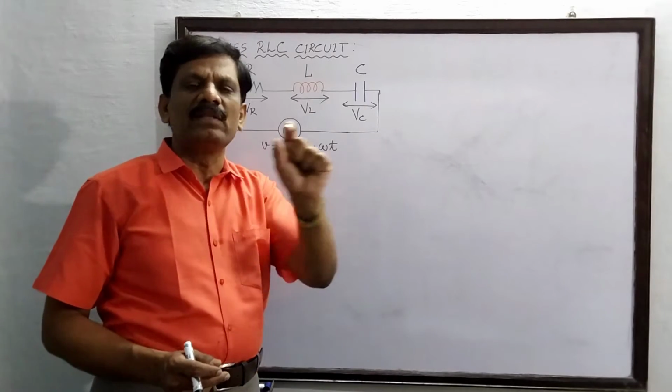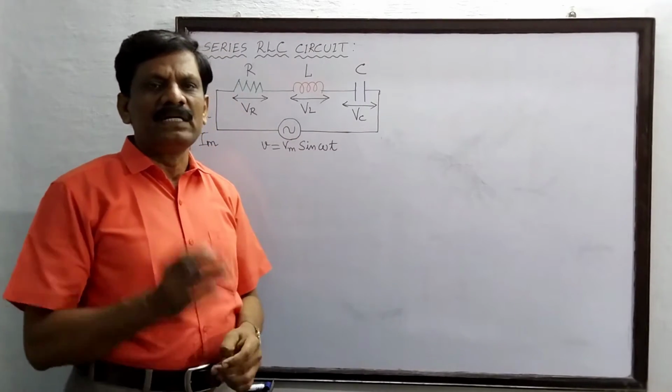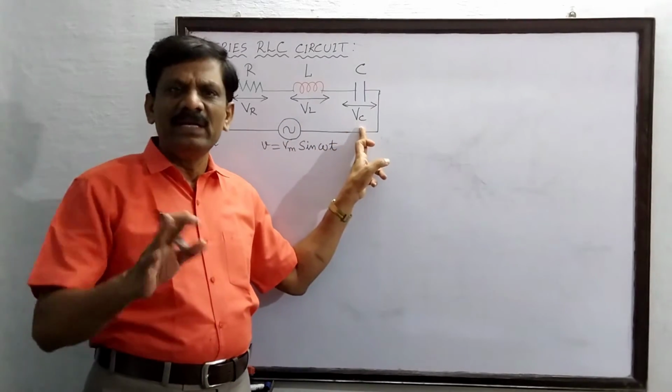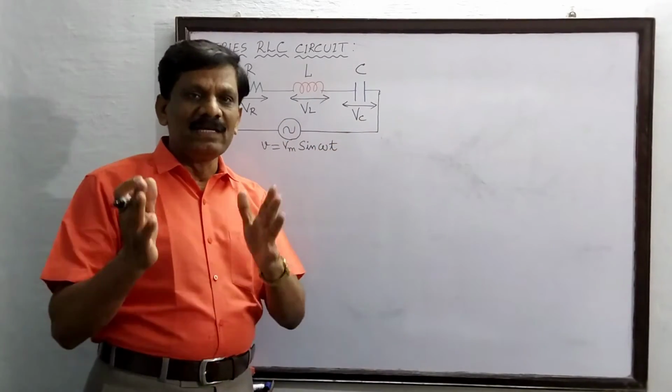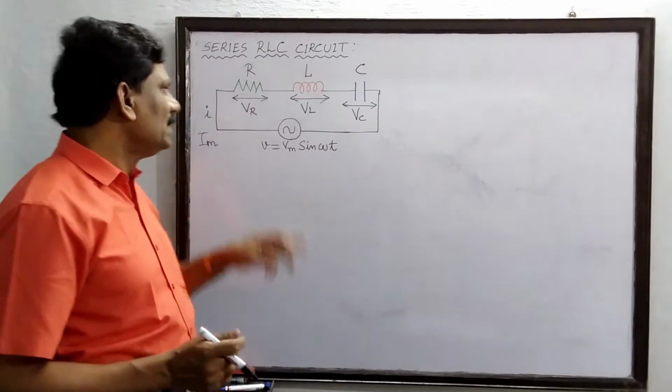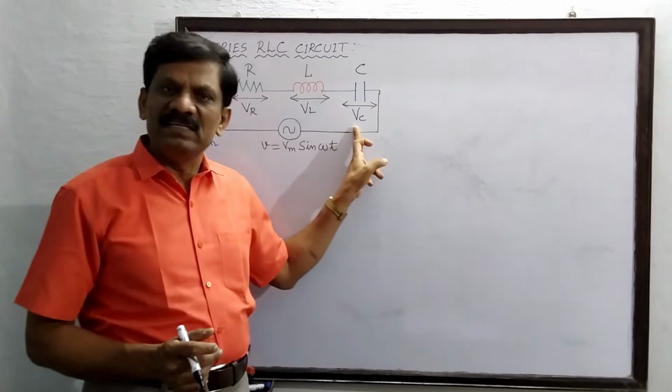The current flowing through all the three components will be the same, but the potential differences VR, VL and VC will be different. So the net potential difference in the circuit is equal to the vector sum of VR, VL and VC.